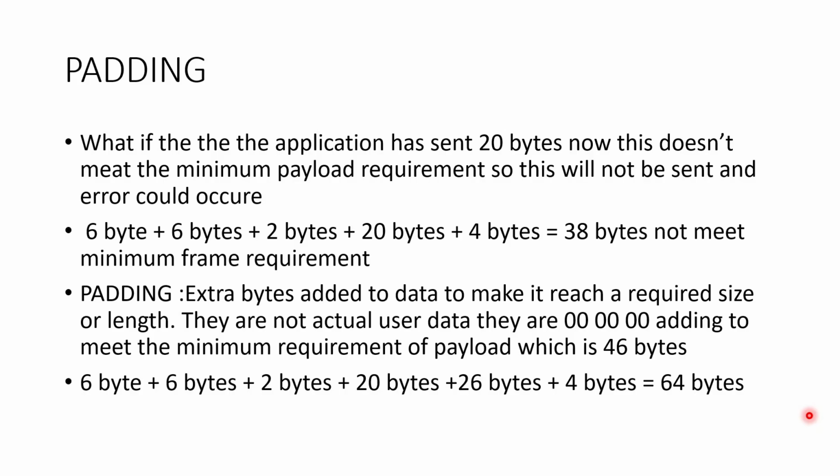If a frame has not reached the minimum requirement, that frame will not be transmitted from any device. The switch is going to ignore that frame, because it would lead to a collision domain. Don't worry, I'm going to show you how collision domain occurs in the network.